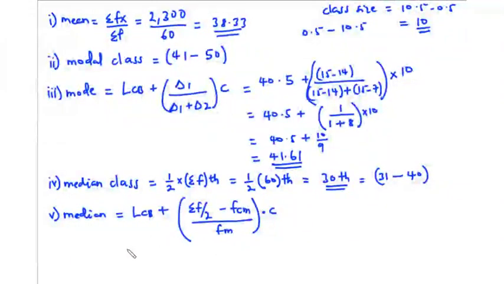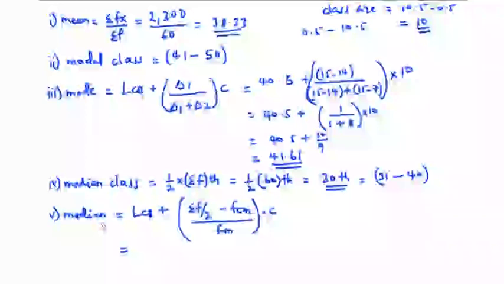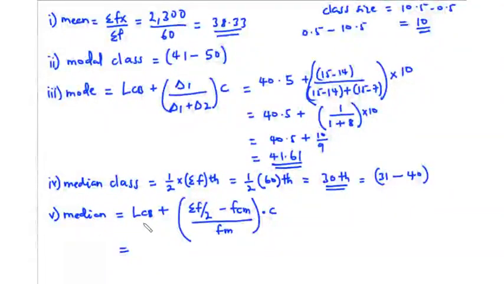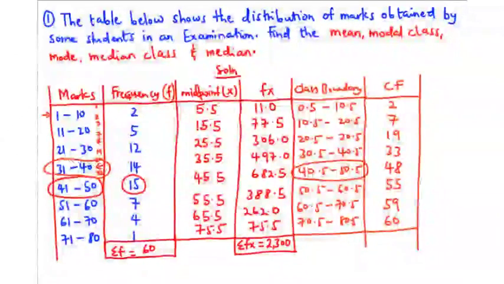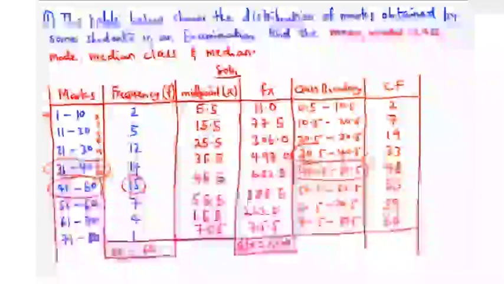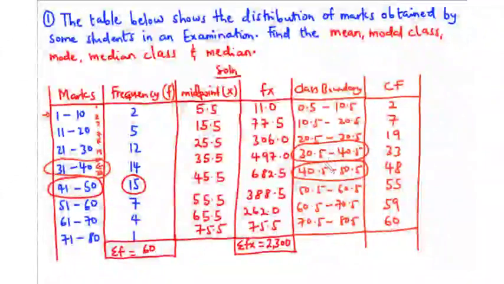So now for the lower class boundary, we are not going to use the value we got for the modal class. Because we are considering the median, we are going to use the lower class boundary for the median class. So let's attend to the table. So this is the median class. So we are going to use the lower class boundary for the median class. So the lower class boundary for the median class is 30.5.